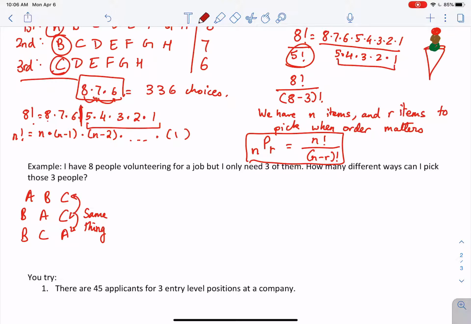So here, initially, if I do it without the redundancy, then I have 3 choices and then 2 choices and 1 choice. However, that's not going to work totally because we need to get rid of the redundancies.